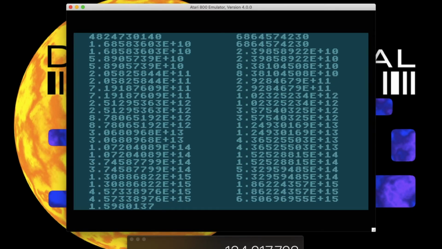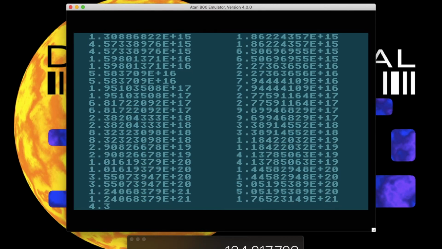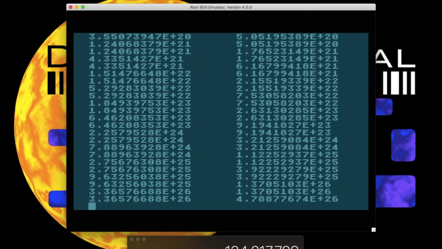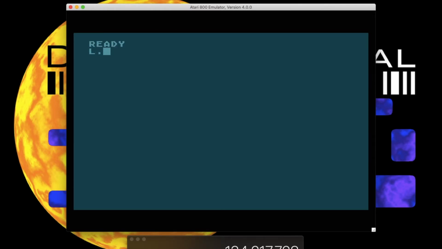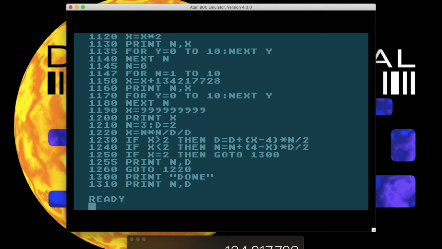Oh, we're getting out of control. Escape. Control, function, F5. So it's out of control. So let's keep it under control by doing this.